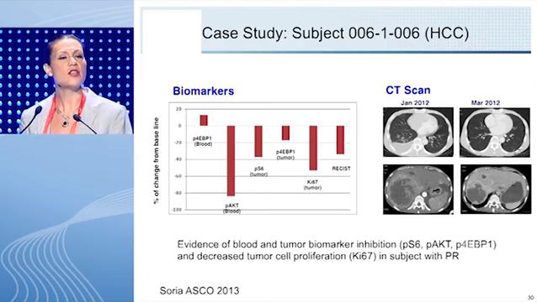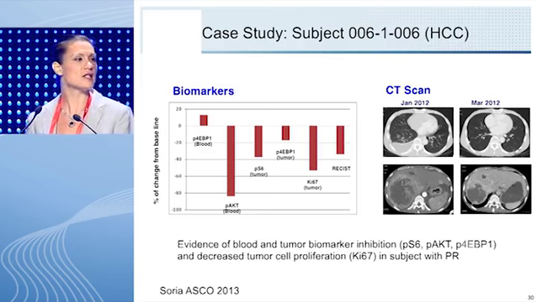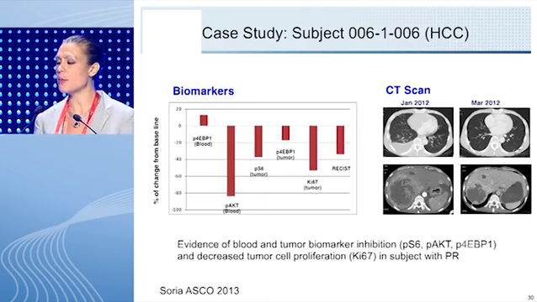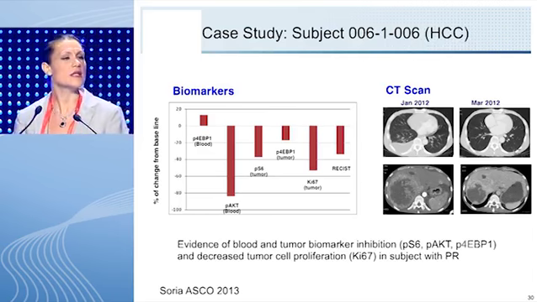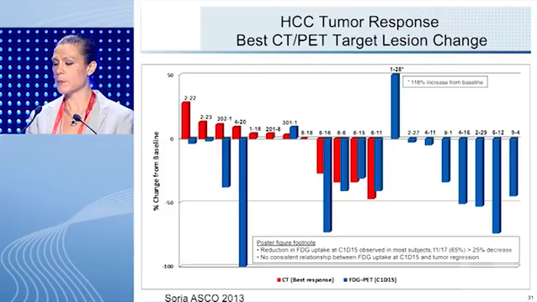And then if we hit the target strong, can that tell us who's going to respond and who's not? So this is one hepatocellular carcinoma patient who had a PR to treatment, as you can see on the CT scans. And this patient had a very consistent decrease in phospho-AKT within blood, phospho-S6, phospho-4-EBP1 within the tumor. So can we start to develop these biomarkers again to predict who might have benefit from a certain therapy?